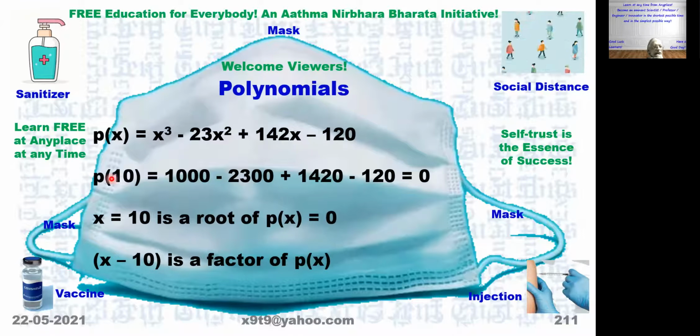Now suppose we try p of 10, we find that it is 0. Therefore, x is equal to 10 is a root of the given polynomial, or x minus 10 is a factor of p(x).